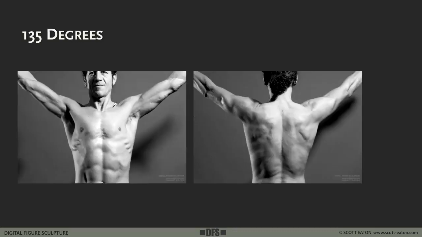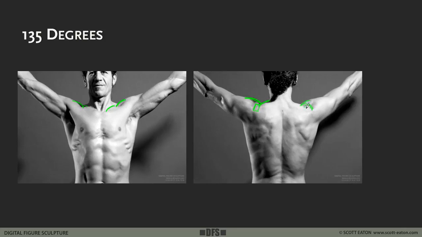Okay, up again. Look how billowing this is. Look how the front deltoid starts to appear as a big elevation. And in fact, because it's all rotating back on itself, you start to see the acromion here, and you start to see the front deltoid popping out from behind the trapezius, right?